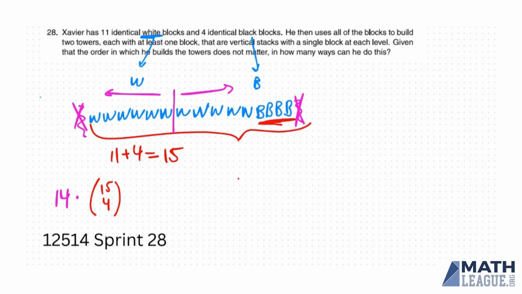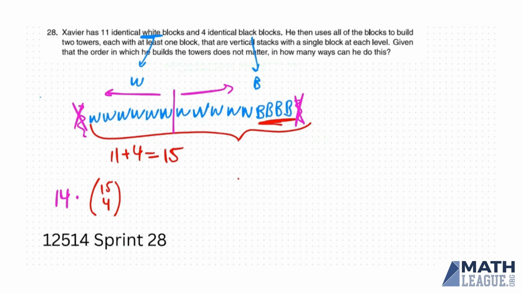Now, some of you may have caught this earlier, but note that I said sets of towers. A set, by definition, is unordered. That's something that we have to be careful of here, because we're even told that we don't care the order that Xavier builds his towers.